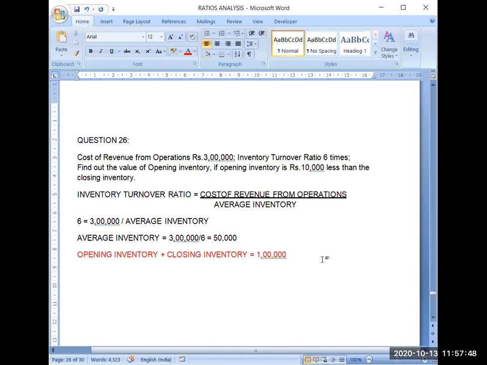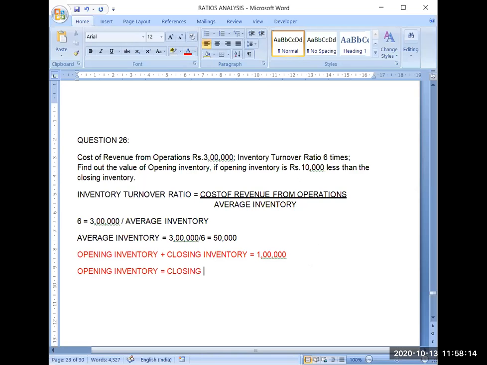Now the second piece of information is given in the question. Opening inventory is rupees 10,000 less than the closing inventory. So the second information I will convert here. It is saying opening inventory is equal to 10,000 less than the closing inventory. So this time closing inventory is more.